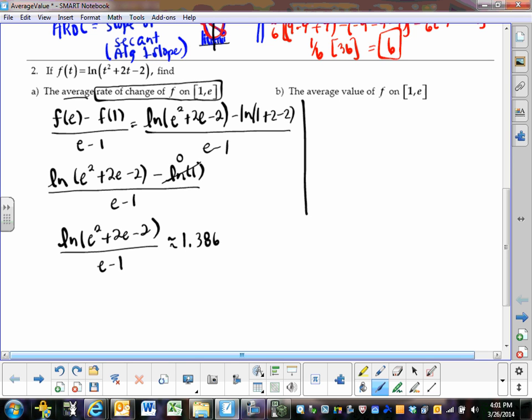The average value would be set up as 1 over e minus 1, starting at 1 and ending at e, f of t dt. Now, since I'm not going to antiderive this by hand, and actually I could not antiderive this by hand, I'm going to leave this the way that it is and just use my calculator. So notice it's y value, so the height, dt, the base, divided by the distance of the base, which is the difference between these two.